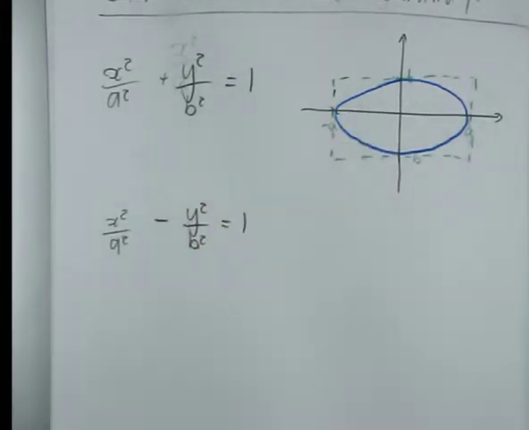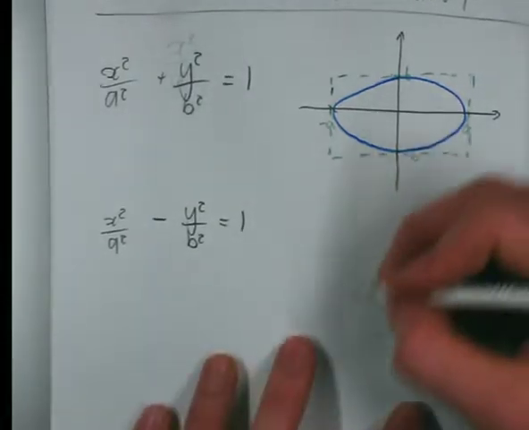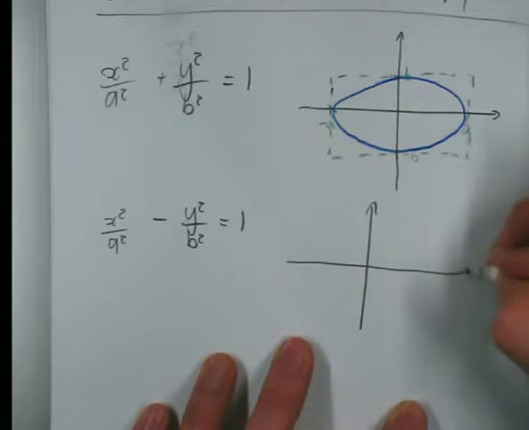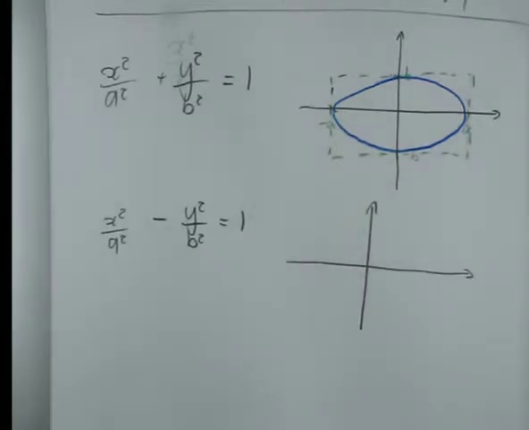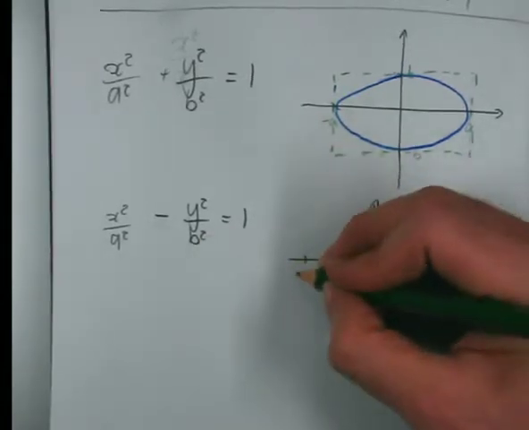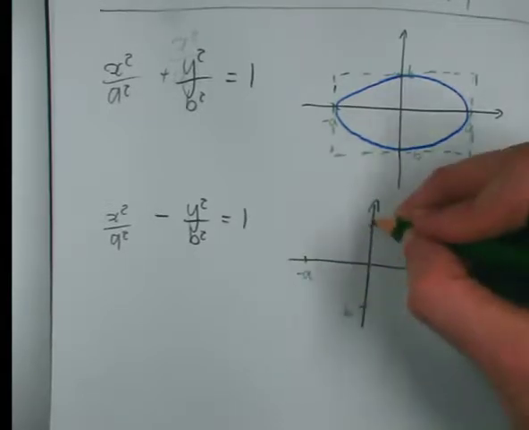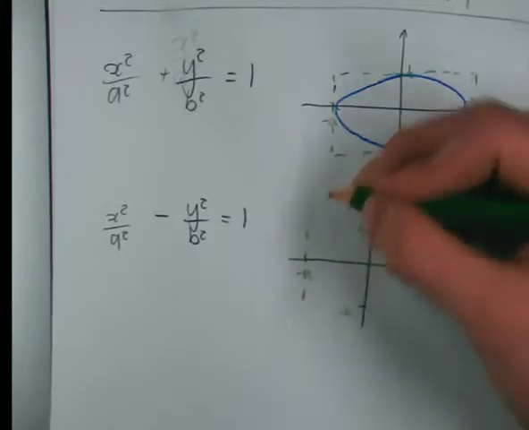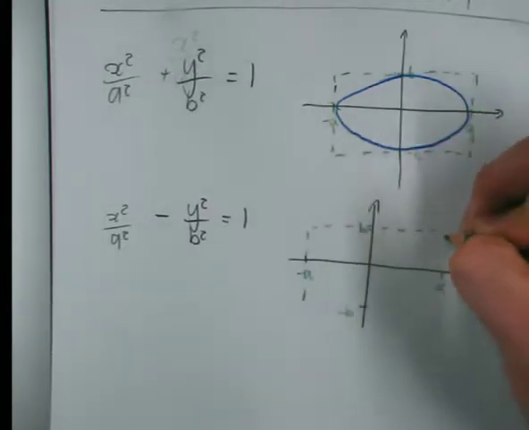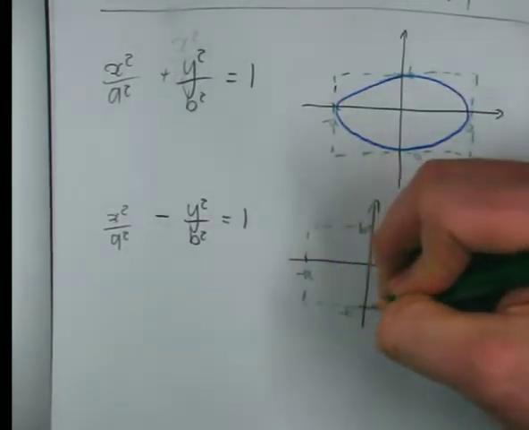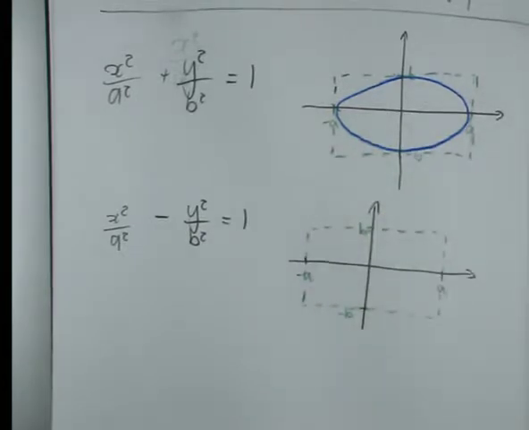This hyperbola has a minus here, and it lives in a box too. So I use the A and the B to draw the same box. Now I know that my hyperbola has asymptotes.